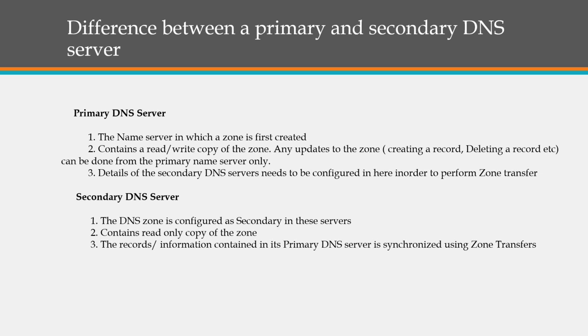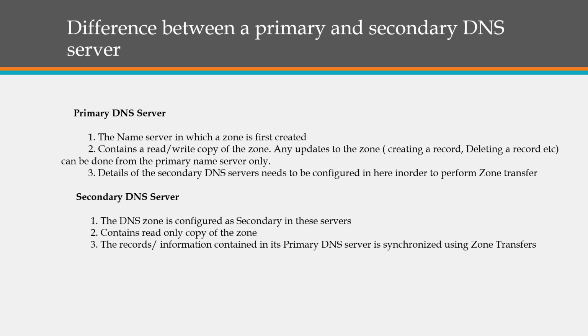A zone transfer is a process in which the secondary is able to receive or sync the records from the primary DNS server, so that both will be in sync. But I will not be covering zone transfer in depth, because I'll be covering it in the next video. This is an overview of the basic DNS functioning.